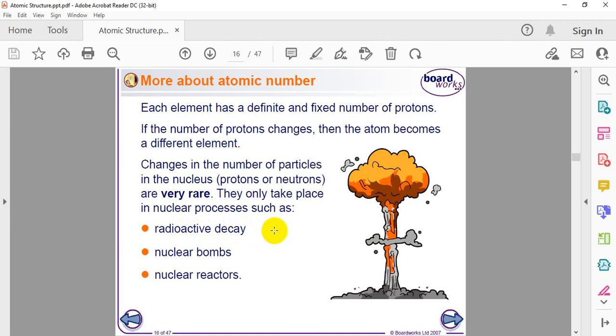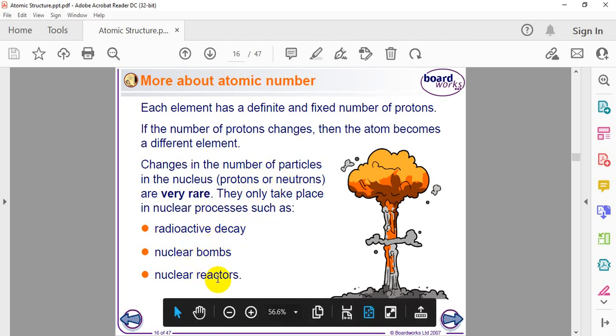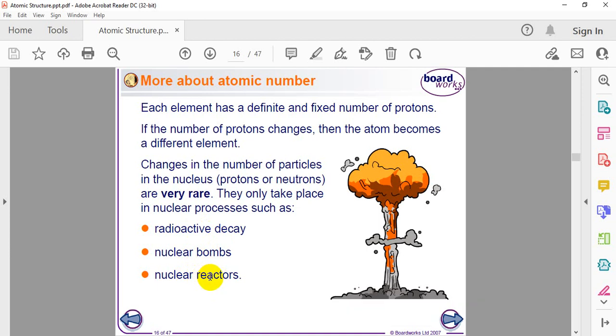That's because of man's exploitation of nature, creating atomic bombs. So protons and neutrons cannot be touched. They don't change. But if man consciously changes them, it leads to these three problems of this world: nuclear bombs, nuclear reactors, radioactive decay.